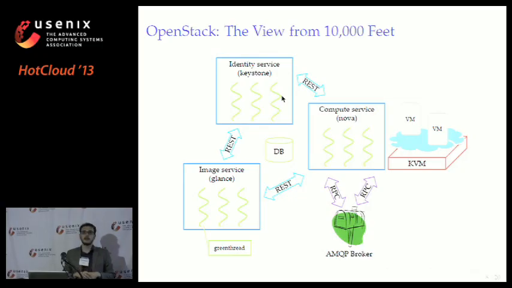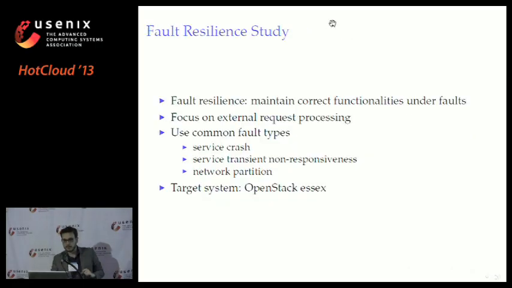And for the RPC, they use an AMQP broker, which can be RabbitMQ or QPID. There's a central database that stores information about what's going on in your cluster. And then the compute nodes themselves. So that's just a high-level overview.